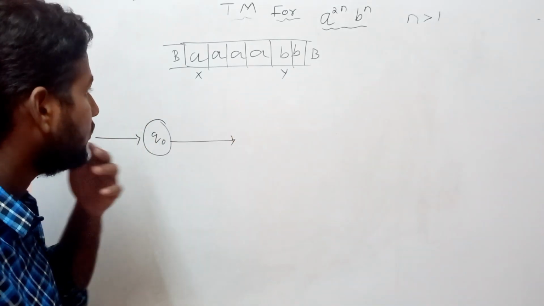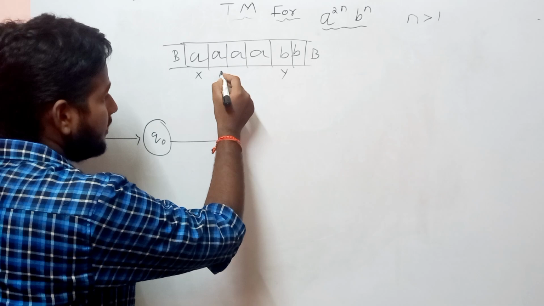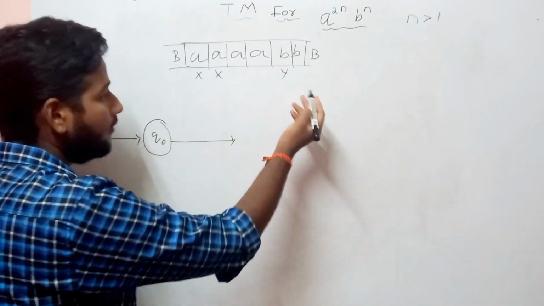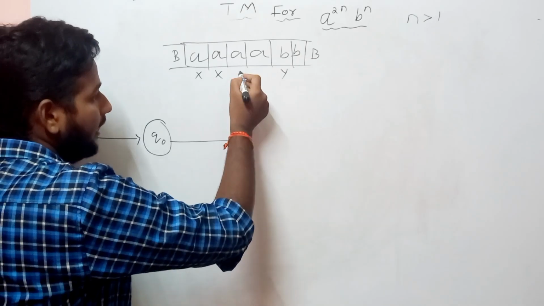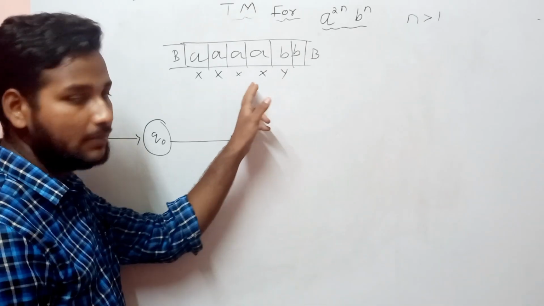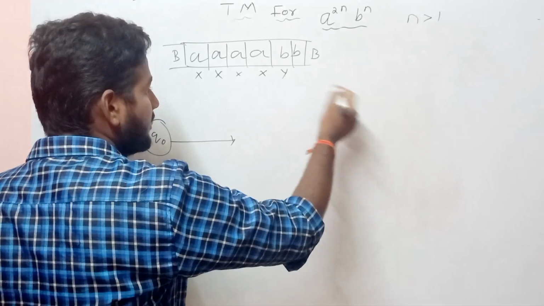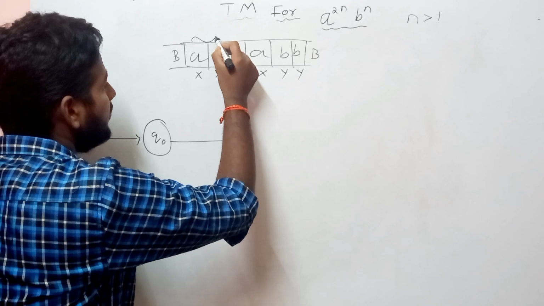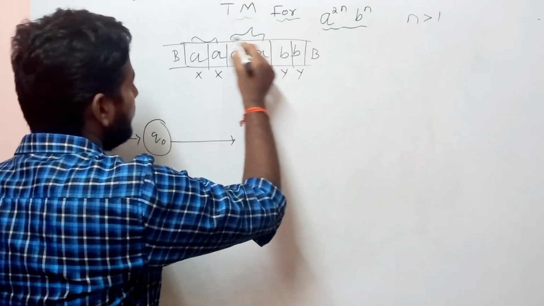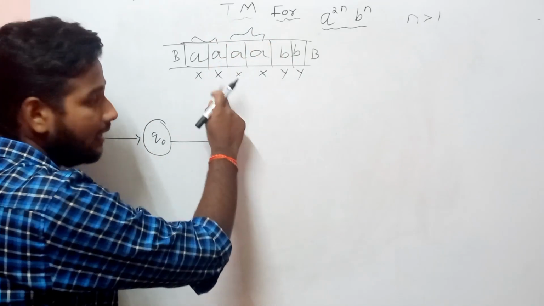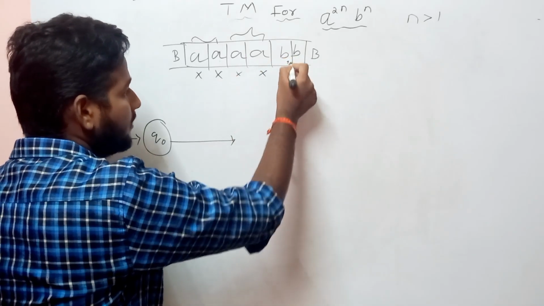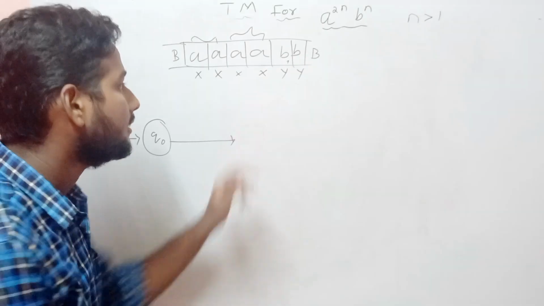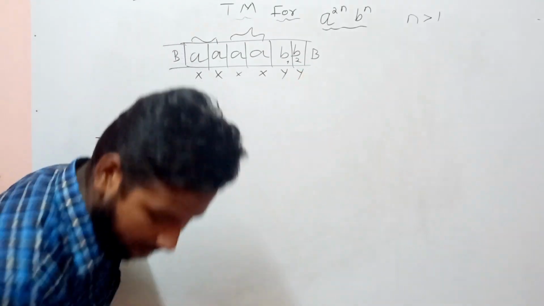The main functionality of the Turing machine is: we read 2 a's and replace them with x, read 1 b and replace it with y, come back and read another 2 a's and replace them with x, move right and replace the second b. These two are one pair, and these two are another pair. First we make these two a's x and the first b y. Next we make these two a's x and the second b y.